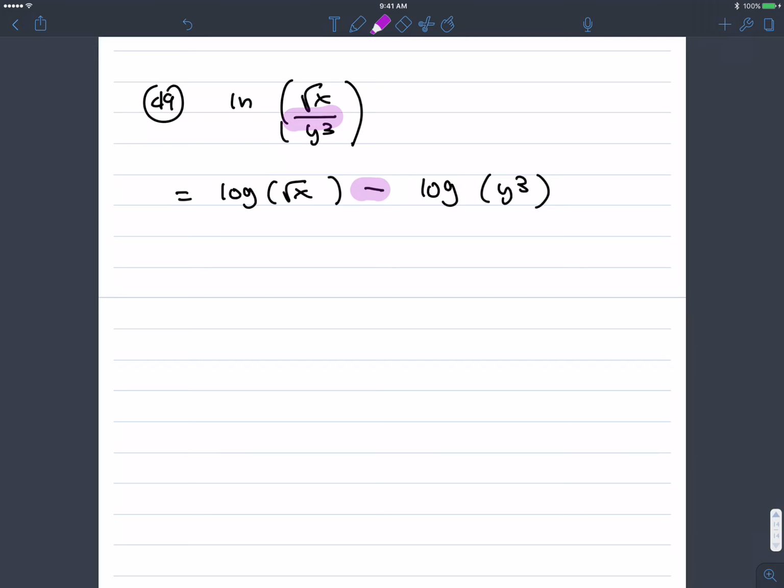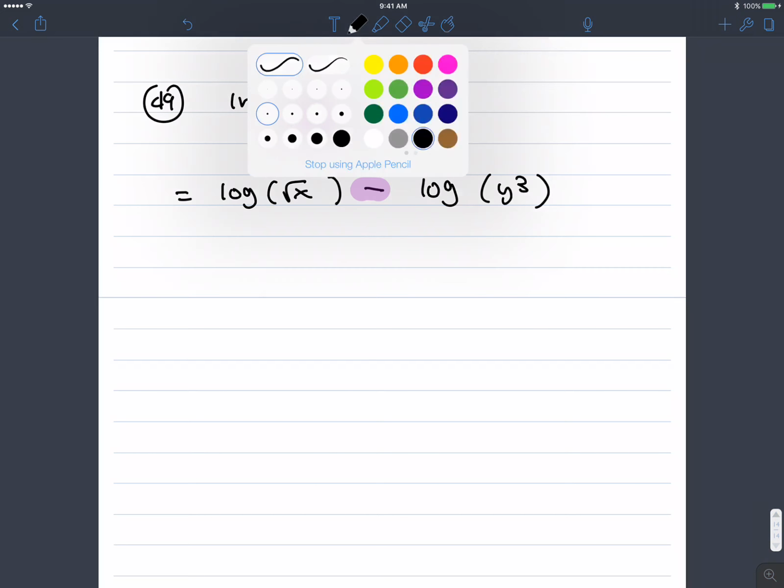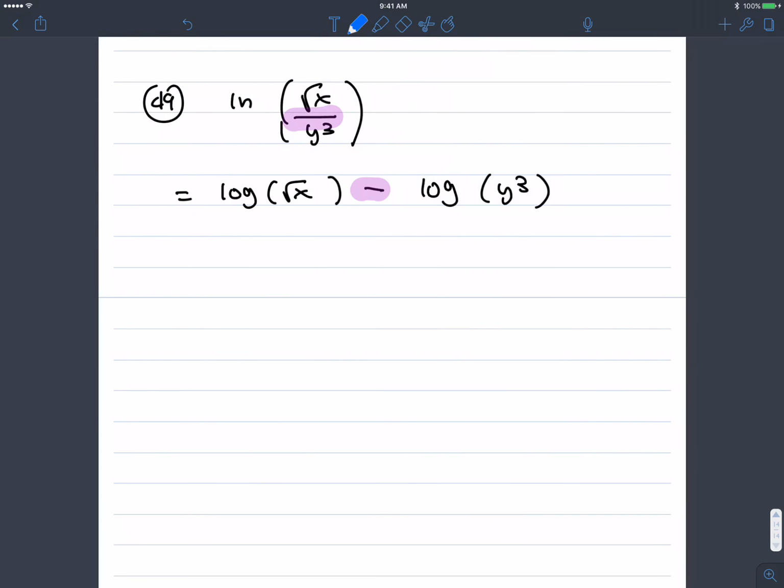The quotient rule allows us to write this as a difference. Something interesting happens here: the square root of x is written as x to the 1/2 power. So you have log of x to the 1/2 minus log of y to the 3rd.